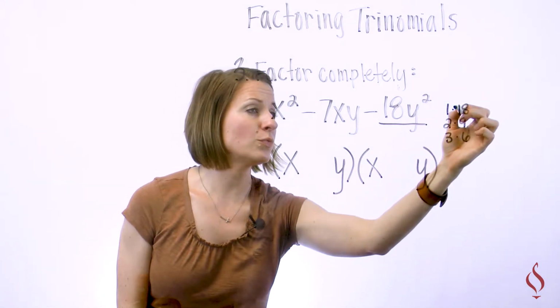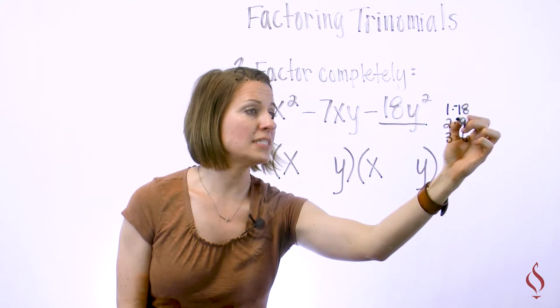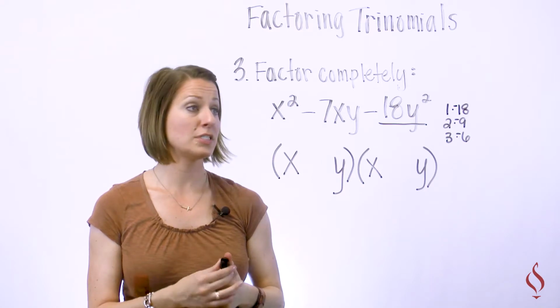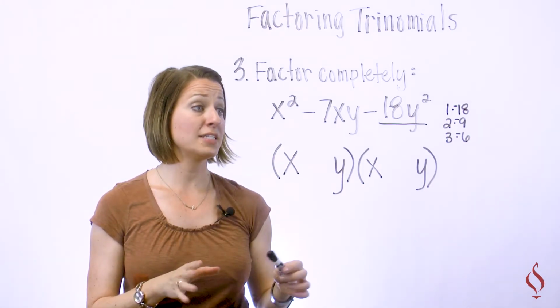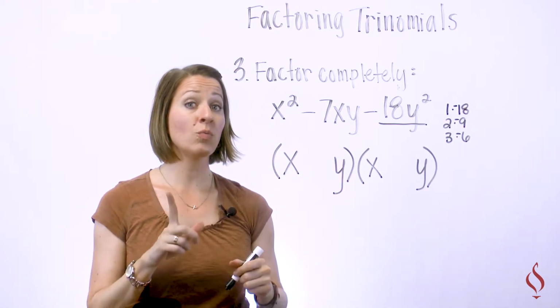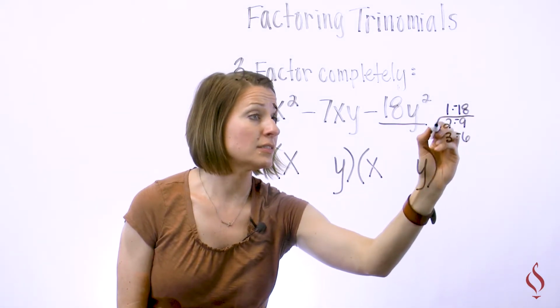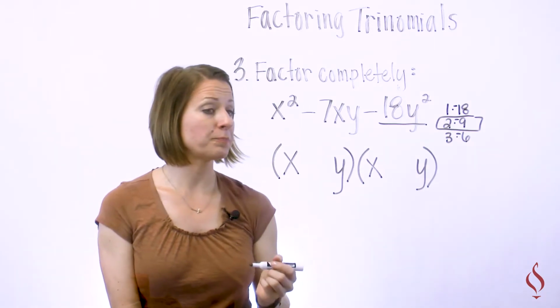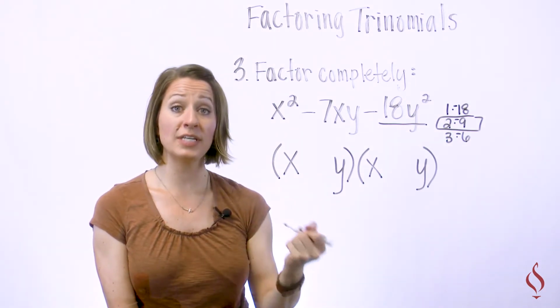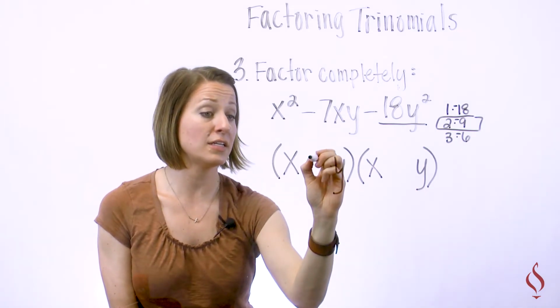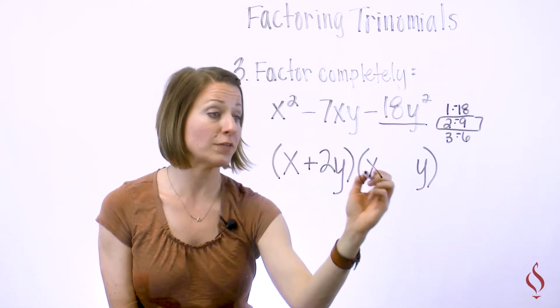So if I go back through here and squeeze in a negative on each of the larger numbers, now they all multiply to negative 18, but only one adds to negative 7. It's this right here. Okay, positive 2 and negative 9. You can enter positive 2 and negative 9 in any of these spots, either of them.